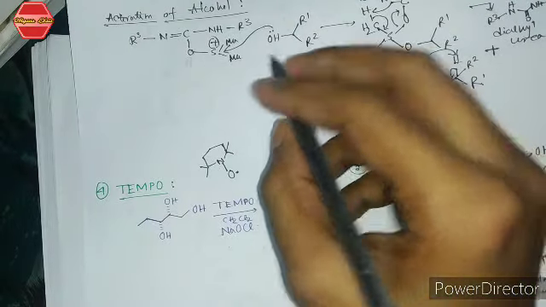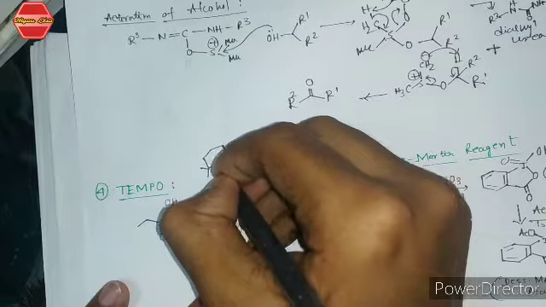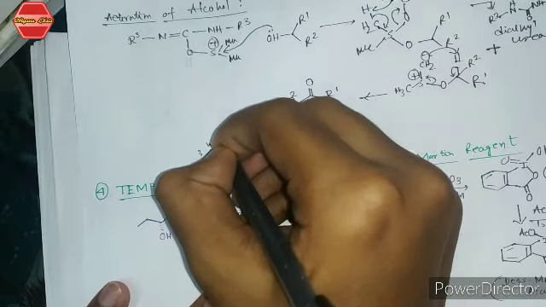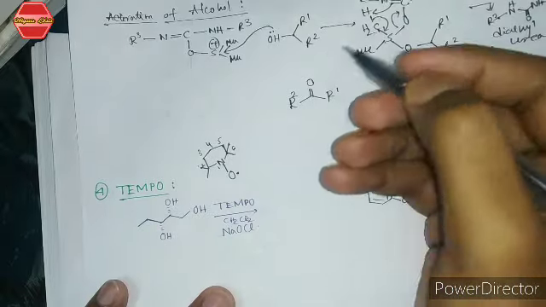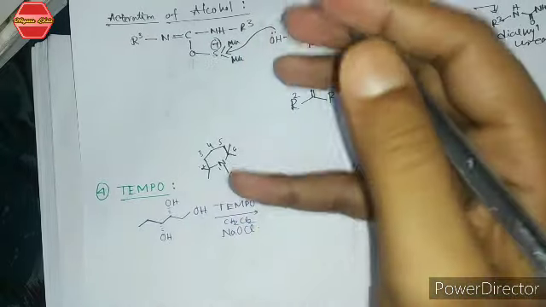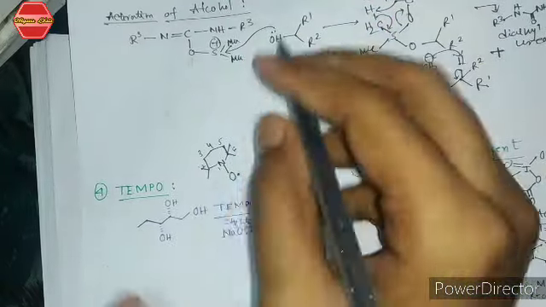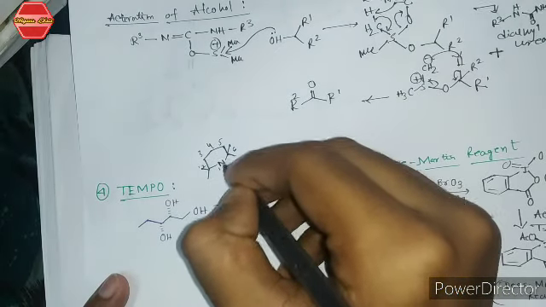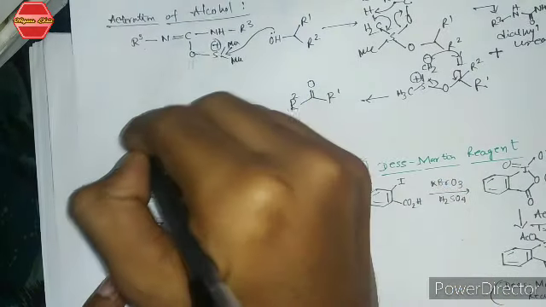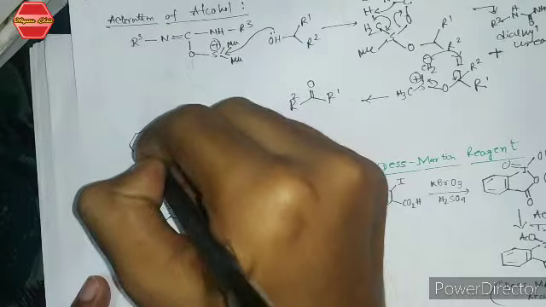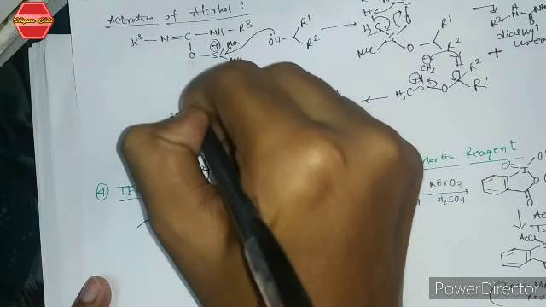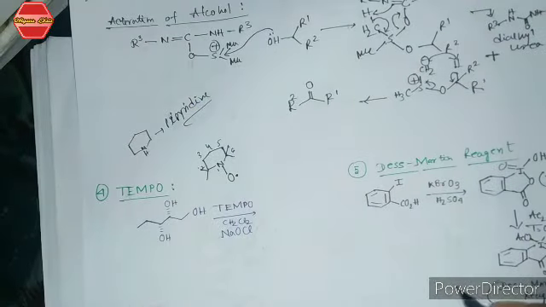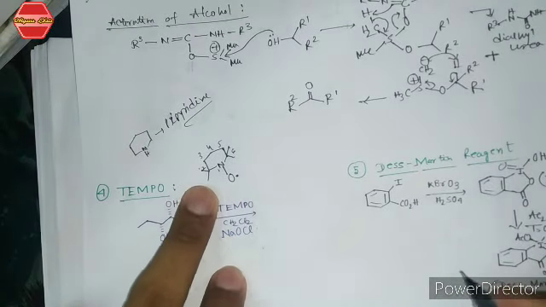TEMPO is generally called 2,2,6,6, that is if I number from here 1, 2, 3, 4, 5 and 6, so this is 2,2 and 6,6. So 2,2,6,6-tetramethylpiperidine-1-oxyl. The oxyl group is this one, and this type of ring is called piperidine. Okay, so this is piperidine. So this is a derivative of piperidine.